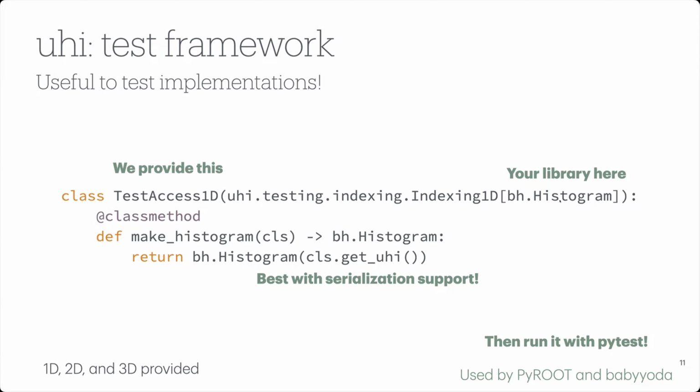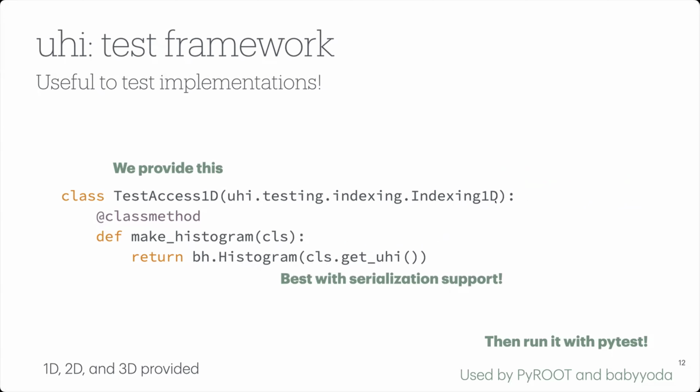So for example, if you had Baby Yoda, you could put a Baby Yoda histogram here, and then make sure that would convert to Baby Yoda, and then it would test all Baby Yoda's 1D and 2D. Baby Yoda does not support 3D, so you would just implement the 1D and 2D ones. If it makes it easier, I can remove the typing support just to show you this without the types, because this is really all that you need.